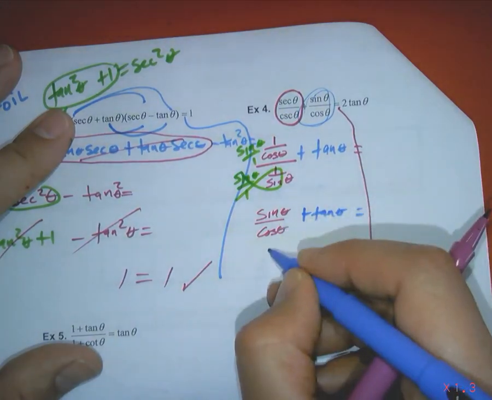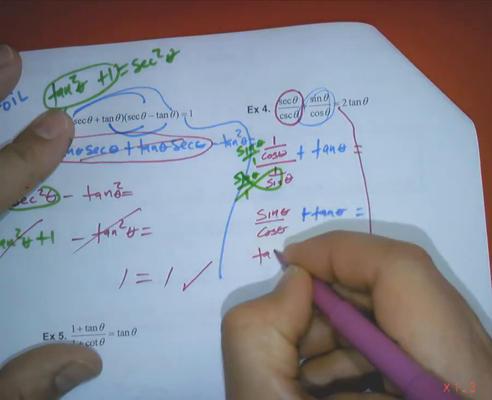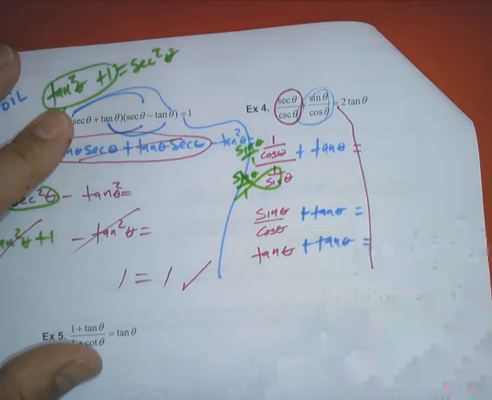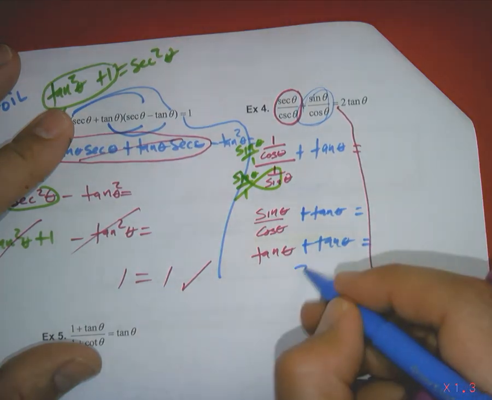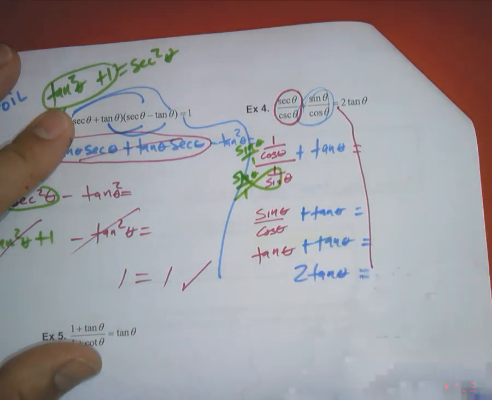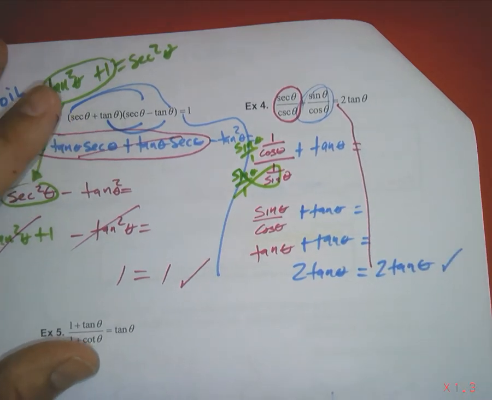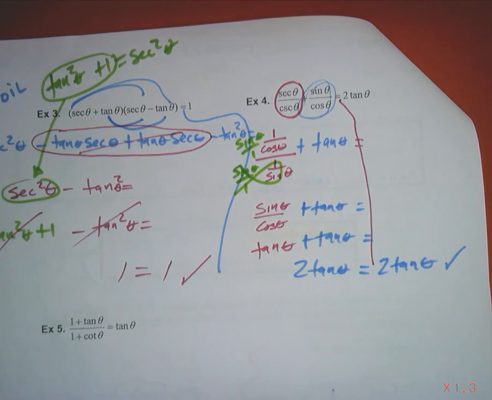Sine over cosine we know is tangent. And now we have tangent plus tangent, which gives me 2 tangents. Check it off. That's not so bad. Have a plan, understand where you're trying to get.